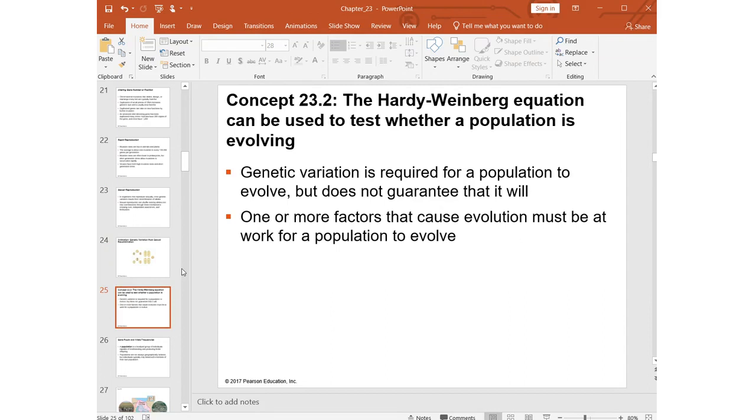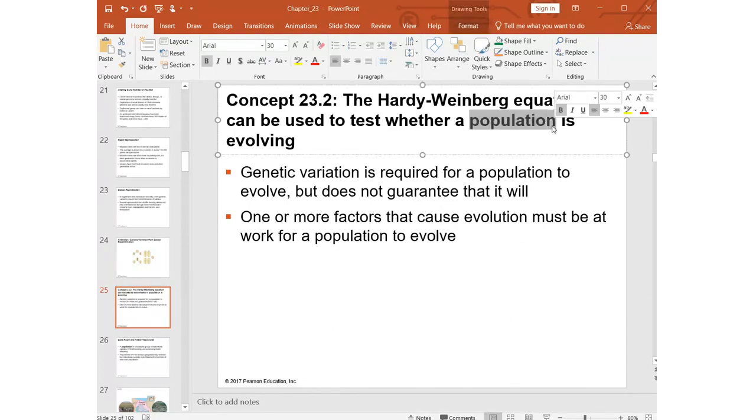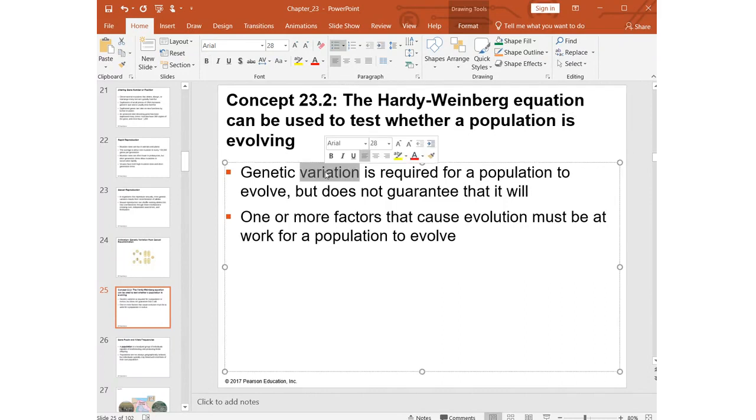Genetic variation then. Now we're going to talk about the Hardy-Weinberg equation. We're going to talk about populations, evolution, and how things work in populations. So genetic variation is required for a population to evolve, but it doesn't guarantee that it will.